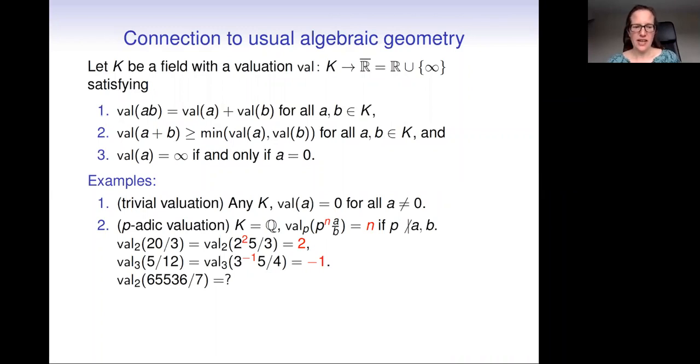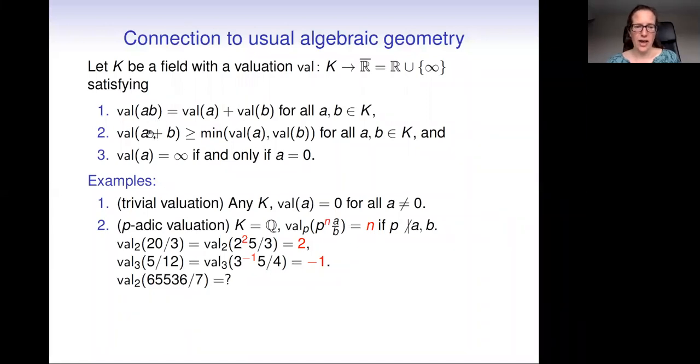And that's this connection to usual algebraic geometry. So we're going to start with a field with a valuation. A valuation is a function from k to R bar, so R union infinity, that basically behaves like the tropical semi-ring. So the valuation of a times b is the valuation of a plus the valuation of b.